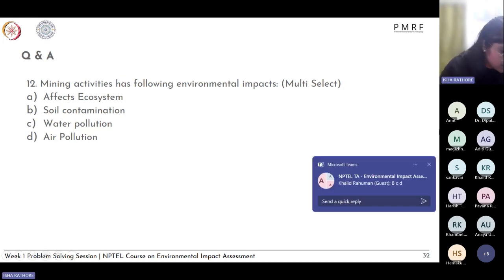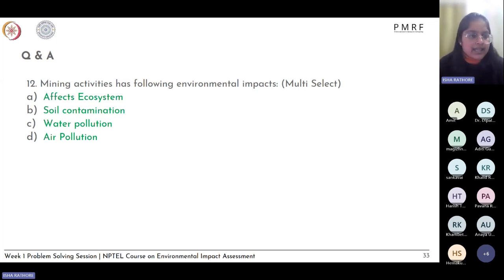Okay, so we have a lot of A, B, C, D coming. Okay, so all four were correct. All four are environmental impacts caused by mining activities. It affects the ecosystem where mining activity is happening. It causes soil contamination.